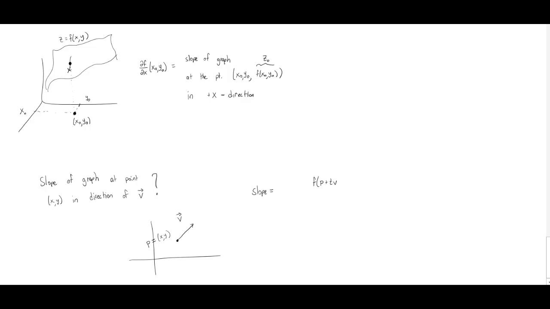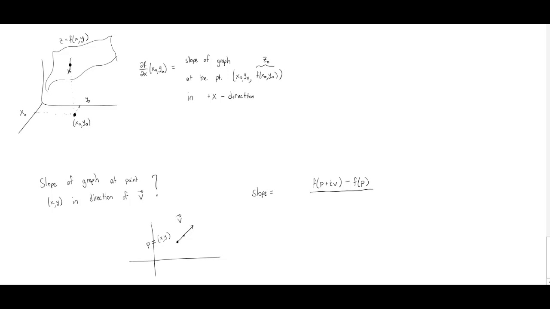So I'm going to imagine that here I have the change in z between point P and some point in this direction. That's what P plus tv is representing, a point along this direction v. And then I want to divide by the change in my position, which in this case would have been t times the length of v.